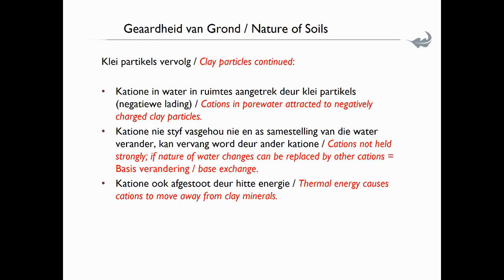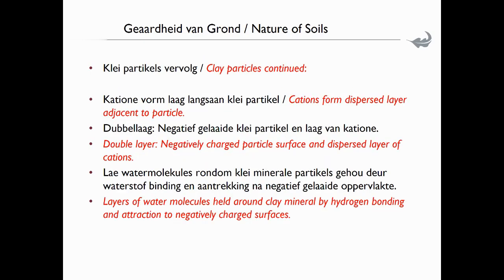The cations are not held very strongly, so if the nature of the water changes, they can be replaced by other cations, and this is called a base exchange. And then thermal energy causes cations to move away from the clay minerals.